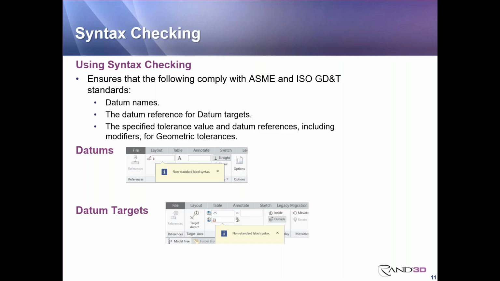There will be a red squiggly line right below the area that is not within compliance. That is important because it shows not only in the datum feature tab in the appropriate area, but also in the preview of the datum feature symbol that's being created.